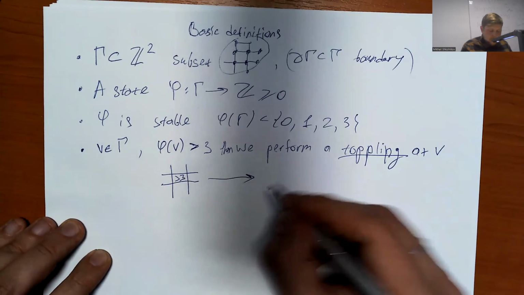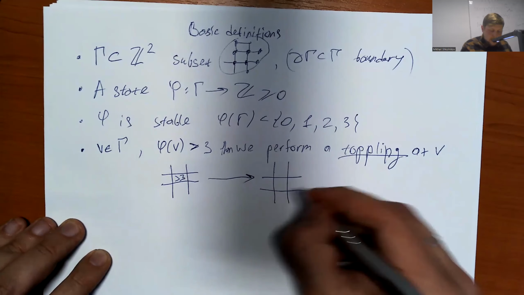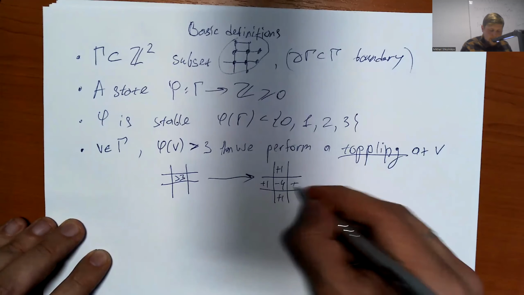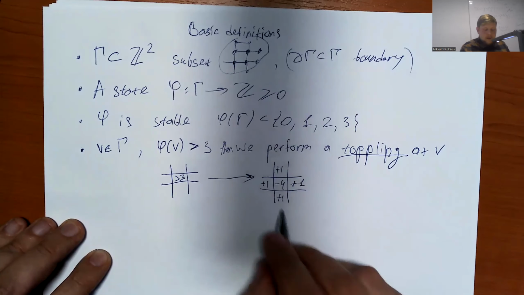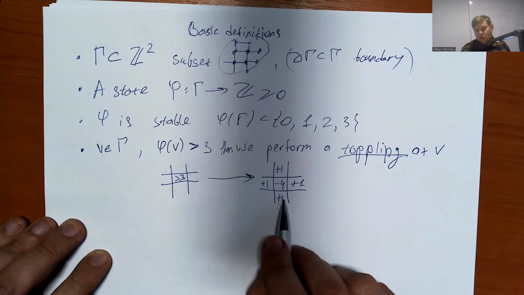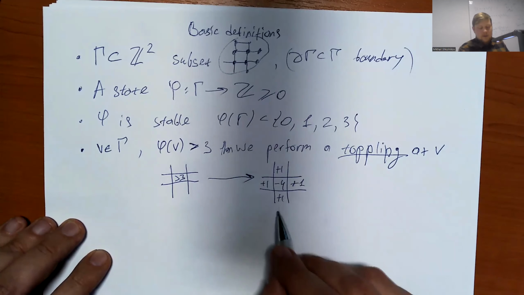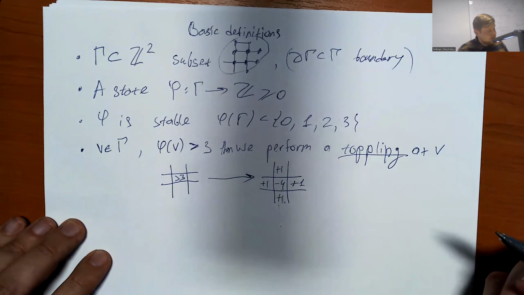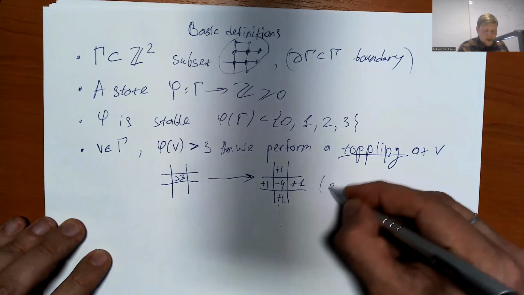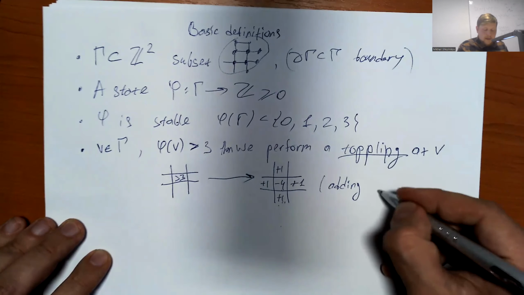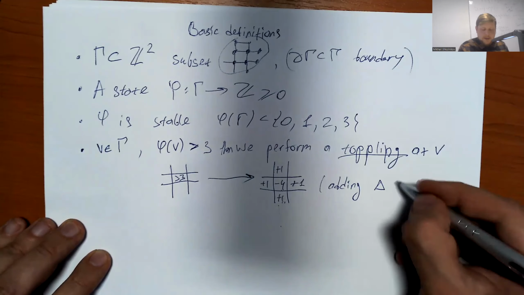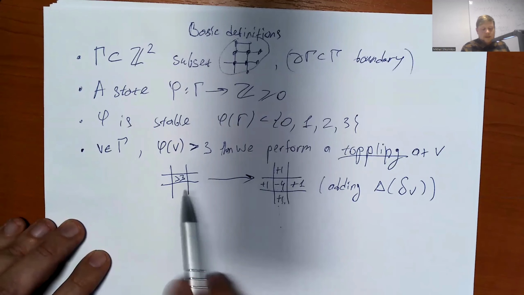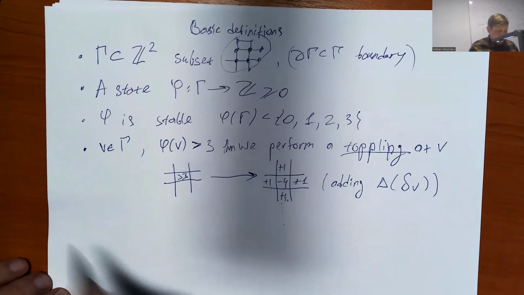And now you do this toppling, and you reduce by 4 at this point, and you add 1 to the neighbors. And if you are at the boundary, you simply lose 1, let's say, grain of sand. So the total number of grains decreases if we do toppling near the boundary. Otherwise, it is preserved. And one way to think about the toppling, it's adding the discrete Laplacian of the delta function. Yeah, and you can think of this as a definition of Laplacian as well.